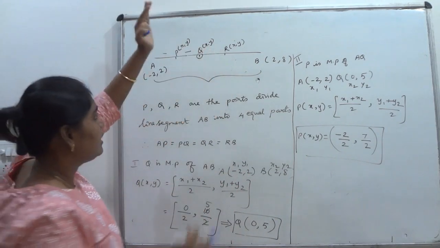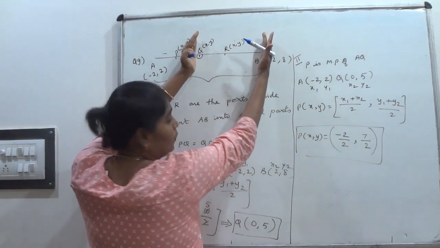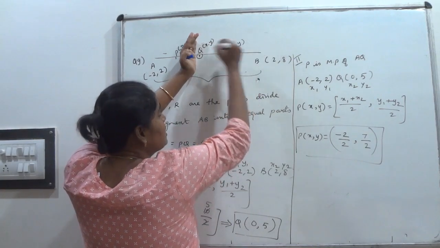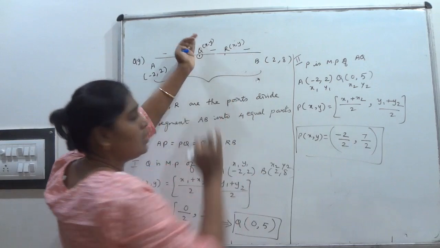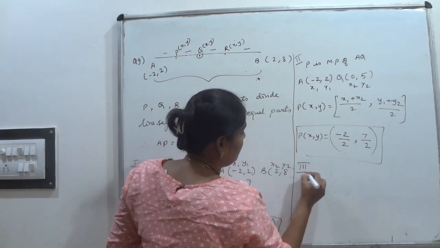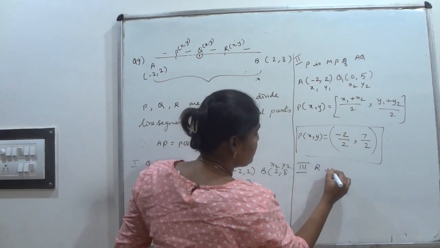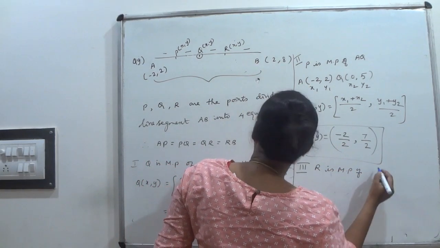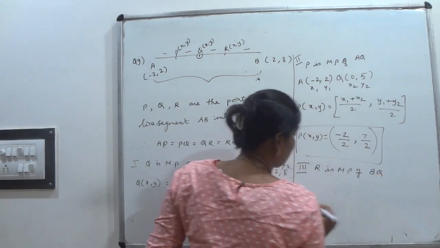Then I want to find out one more coordinate, that is R. See, now you take up to BQ. R is the midpoint of BQ since QR equals BR distance. So we can take it in the third part. Write it here: R is midpoint of BQ.